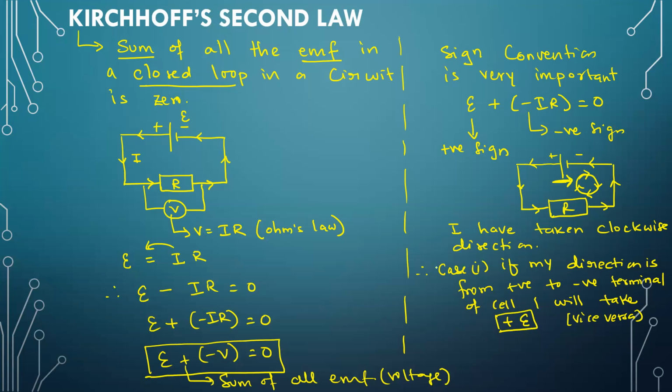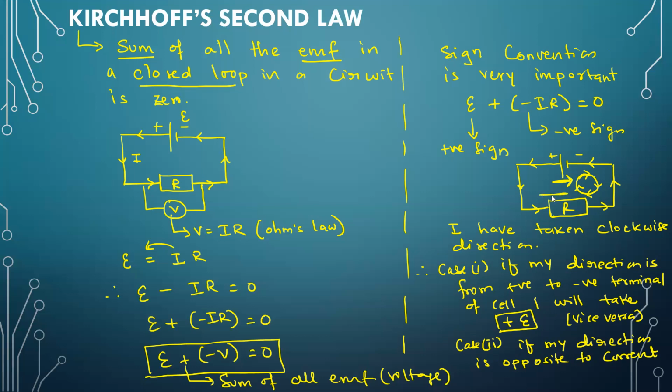Then the second one is case 2. In case 2, if my direction is opposite to the current, then in that case I will choose V as negative. Now look at the current here.